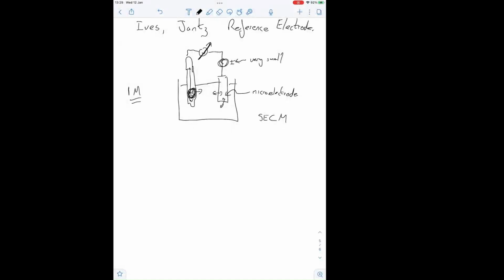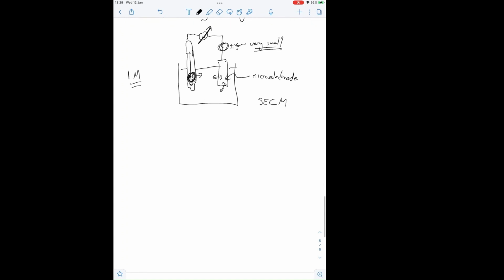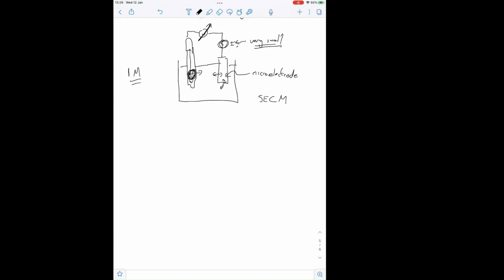valid because they're using very, very small electrodes and have very, very small currents. So in SECM measurements, you will get the nightmare with two electrode measurements that some people come across, and it's becoming more common, is that lots of people do electroplating, and they do electroplating in two electrode mode.